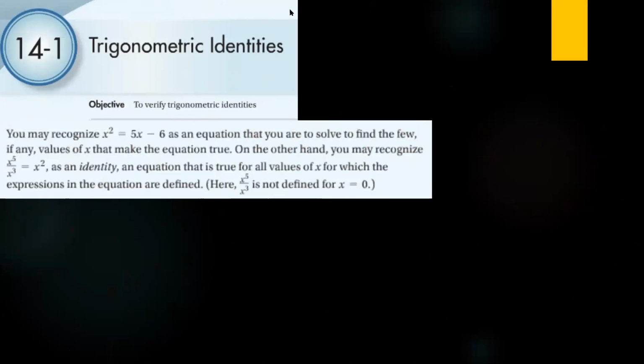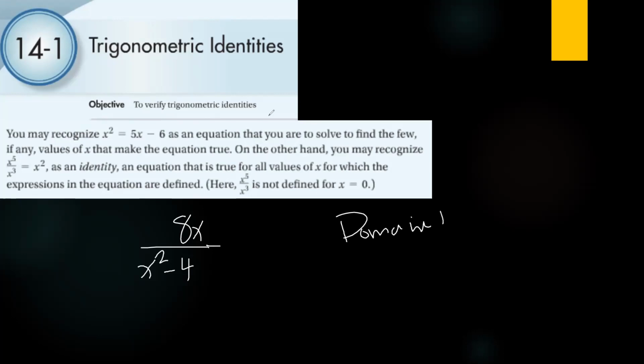Now, as you remember in chapter 8, if we have an expression like 8 over x squared minus 4, what is the domain of this expression, or what is the excluded value?